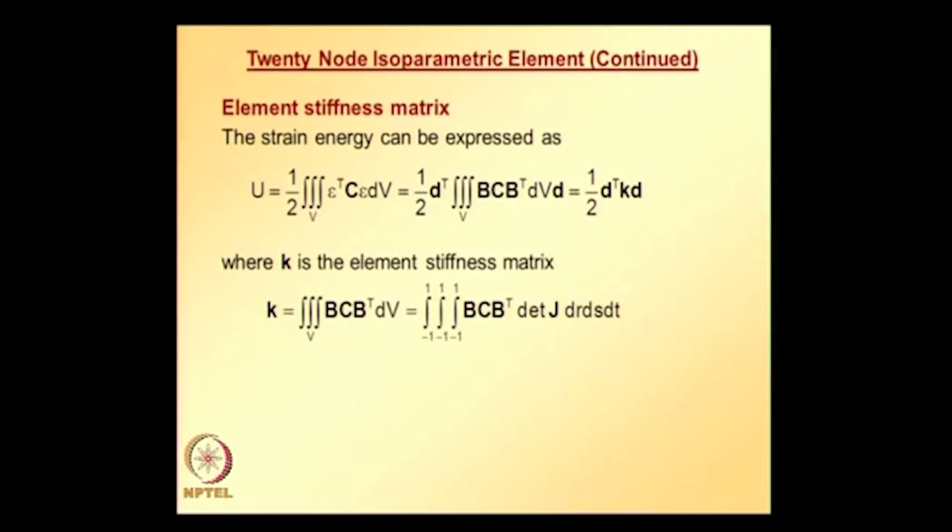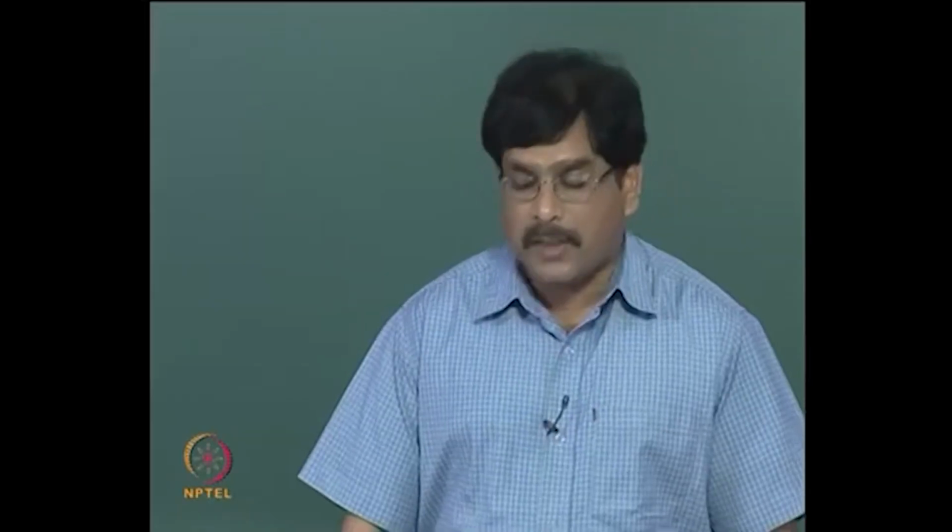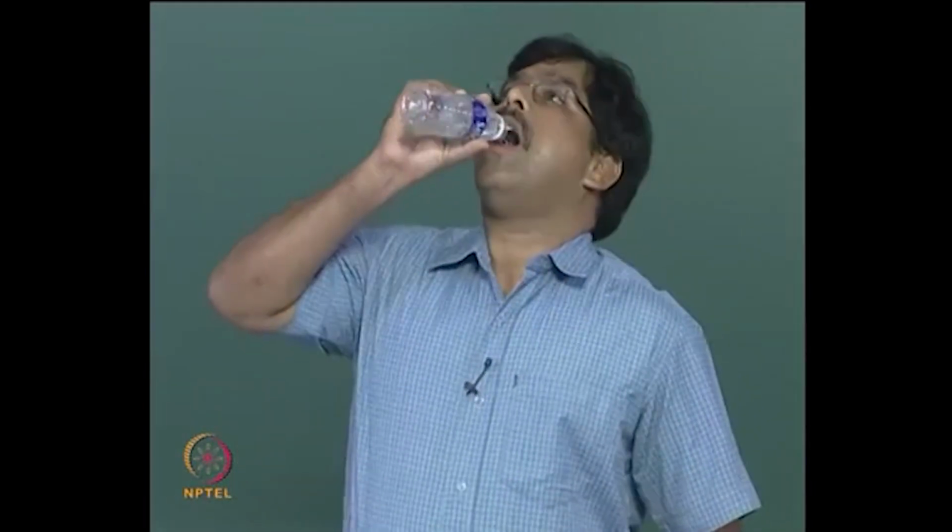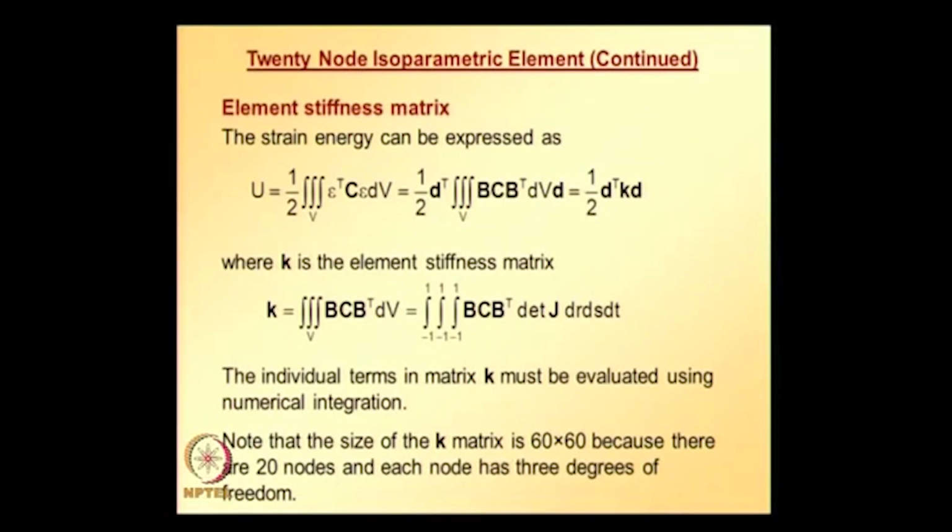Here there are 3 degrees of freedom at each node, there are 20 nodes. So, size of the stiffness matrix is going to be 60 by 60, because there are 20 nodes and at each node there are 3 degrees of freedom. So, we got the element stiffness matrix.